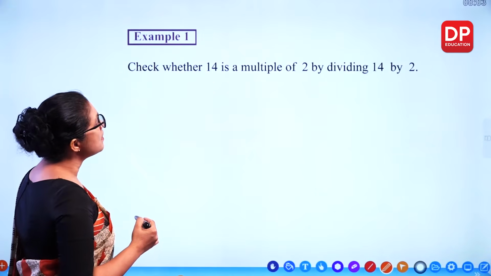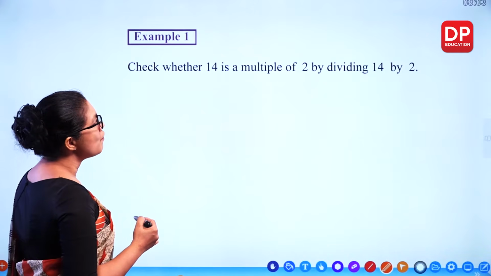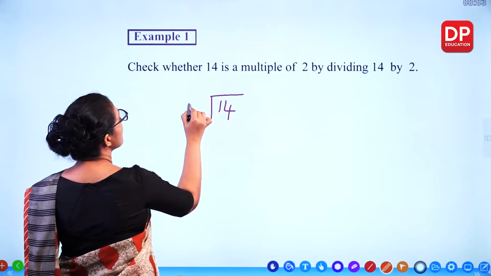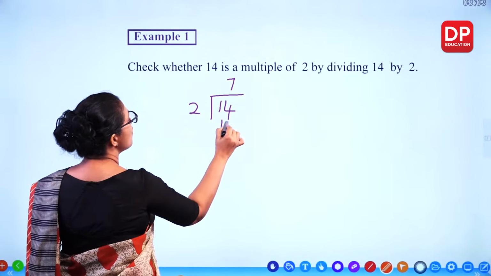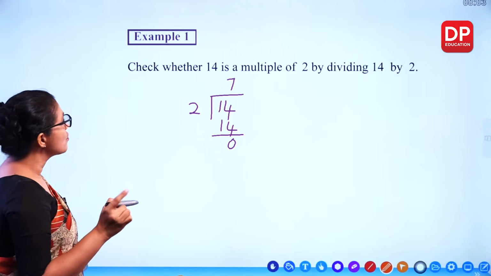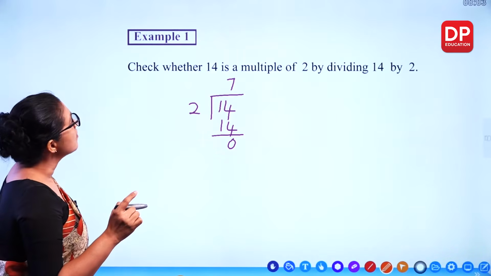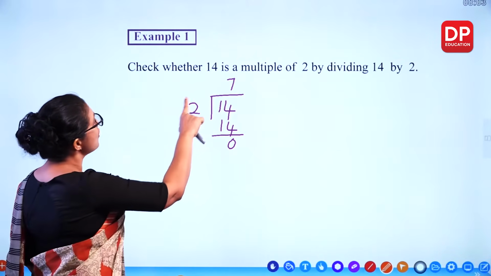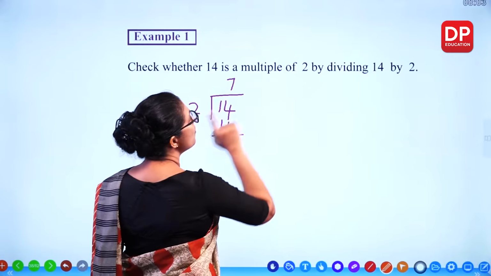Example number 1. Check whether 14 is a multiple of 2 by dividing 14 by 2. 2 times 7, 14, and you get the remainder 0. So that means you can say, check whether 14 is a multiple of 2 by dividing.